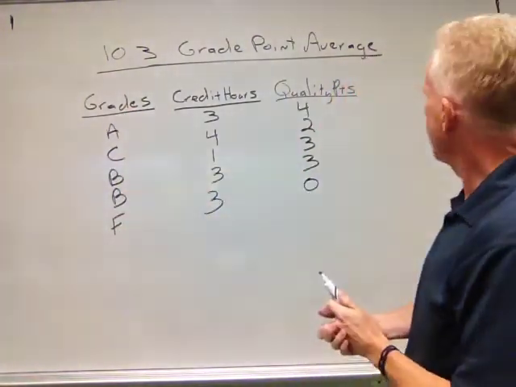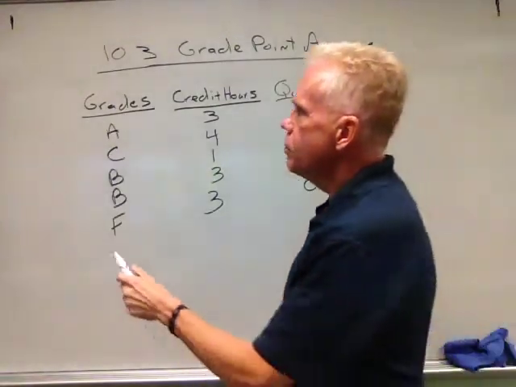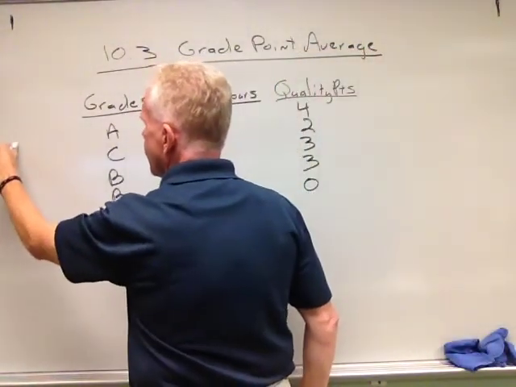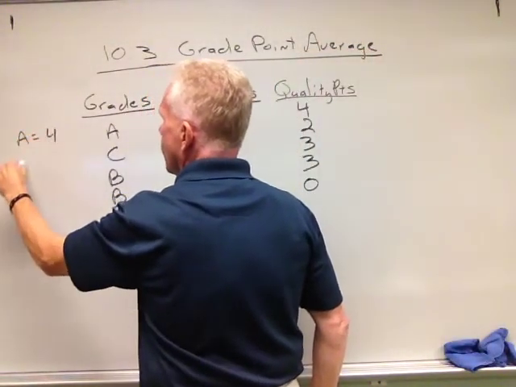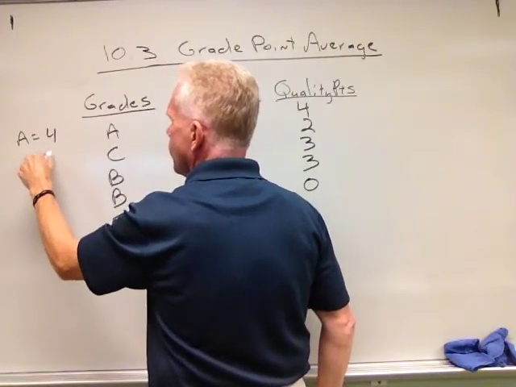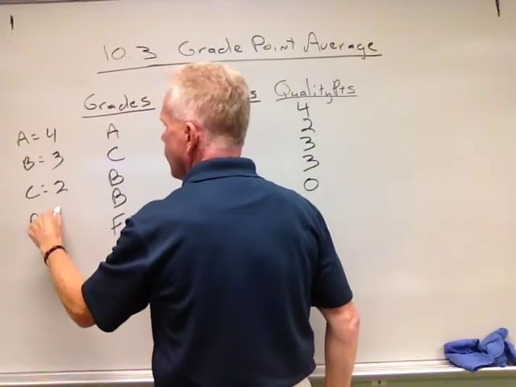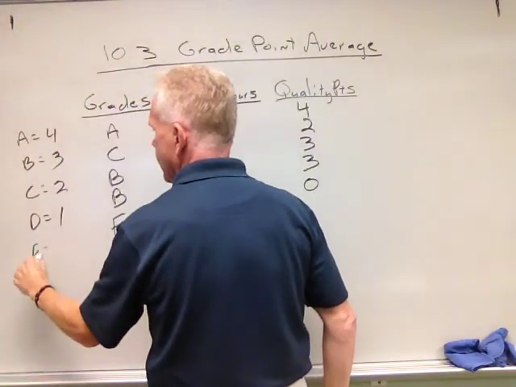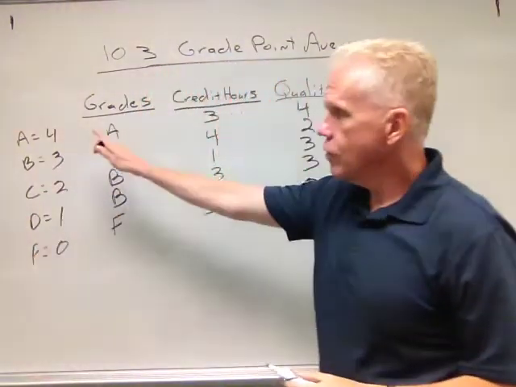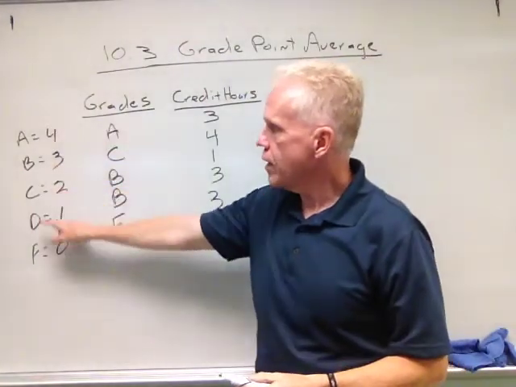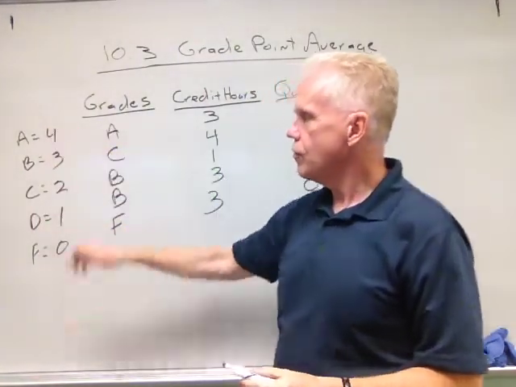It's worthwhile for a second to capture this information. A equals 4, B equals 3, C equals 2, D equals 1, and F equals 0. These are the quality point values for the grades.